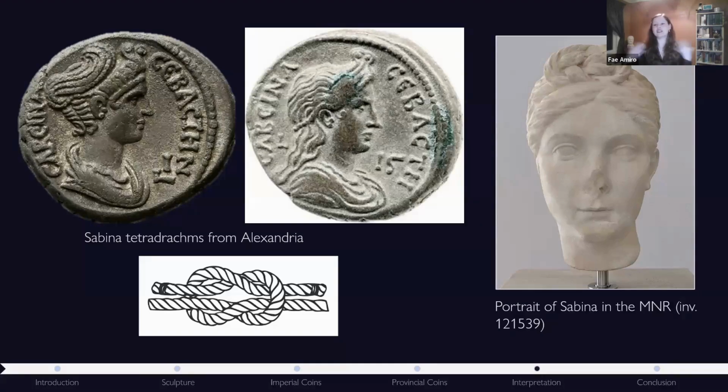There's also lots of just Nile crocodiles and all kinds of things like that. And so it makes sense that we have these Egyptianizing portraits of Sabina appearing at the villa at the same time. But again, this is the kind of interpretation that really can only come together through all three media, right? The imperial coins, the sculpture, and the provincial coins.